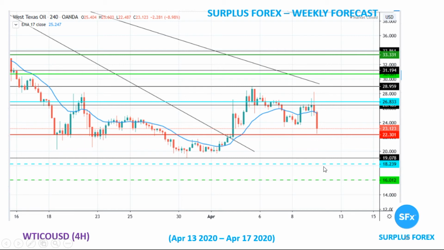If it happens to fall and crosses the mark of 19, which is the lowest it's been so far, then be prepared to give it another shot at 18.23, going all the way down. Then you can keep a target at 16.02. But for the forthcoming week, I'm positive on crude oil and expecting it to rise from here.